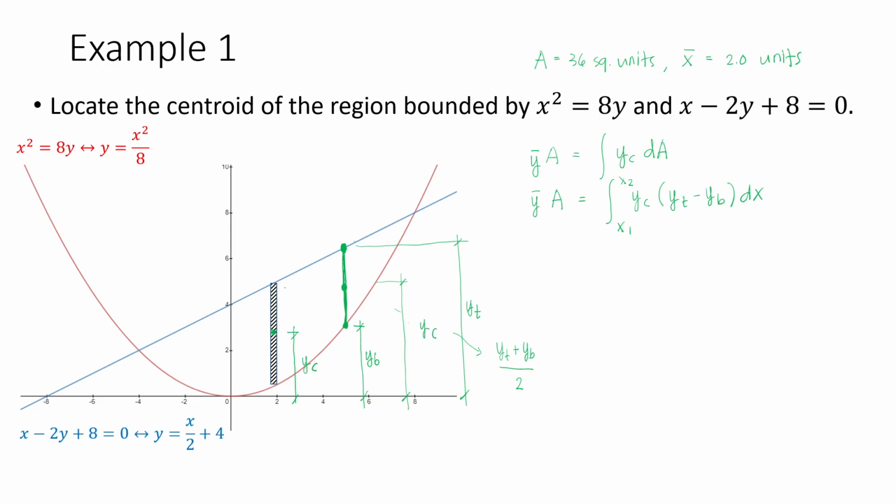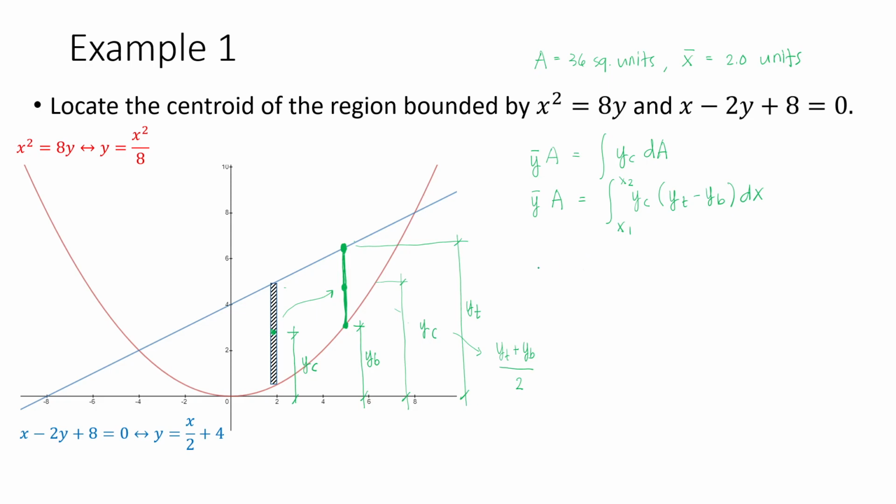Do you understand my explanation? So y top, and then you add y bottom and then you divide by 2, it will give you the center of that particular line. I just drew it as a line because if I represent it as a strip, you might get confused, since a strip has width.